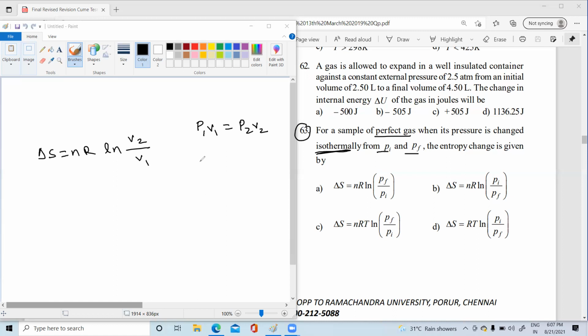Then P1 by P2 equals V2 by V1, right, students? Here P1 is P initial, P2 is P final. Substituting, we get del S equals NR ln P initial by P final. This is the correct answer, students. So B is the correct option. Next.